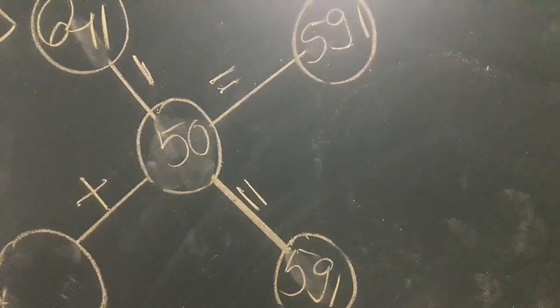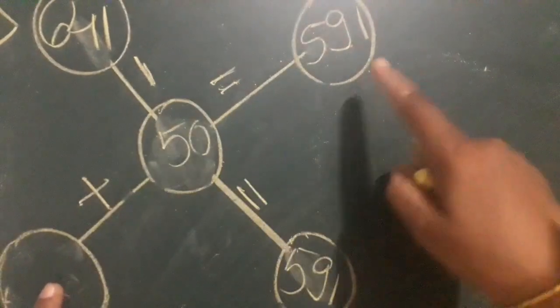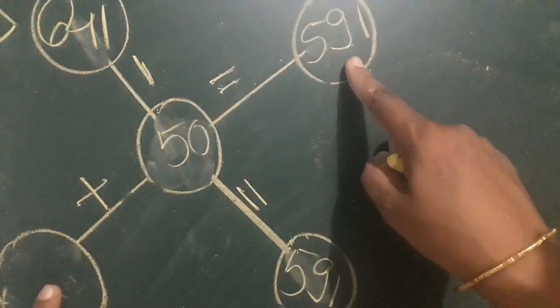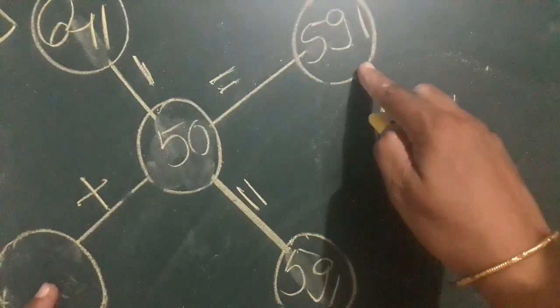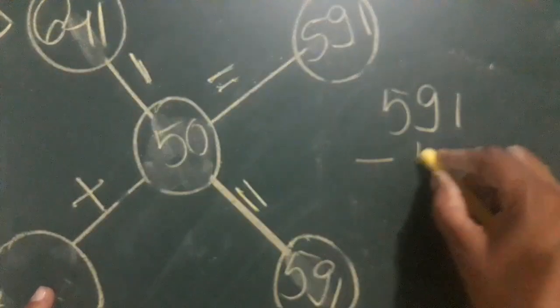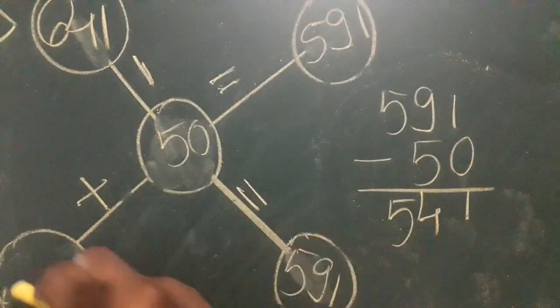So now coming to the other part, how to get this number. That is 50 when added to some number gives 591. So here 591, when 50 was not added, which was that number? So here the number is 541.